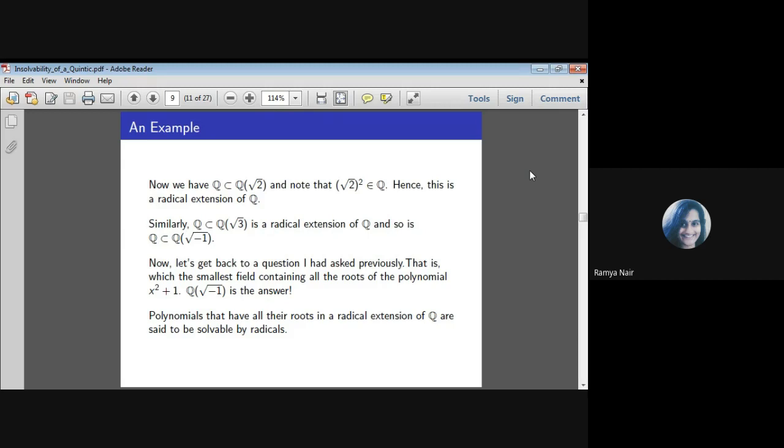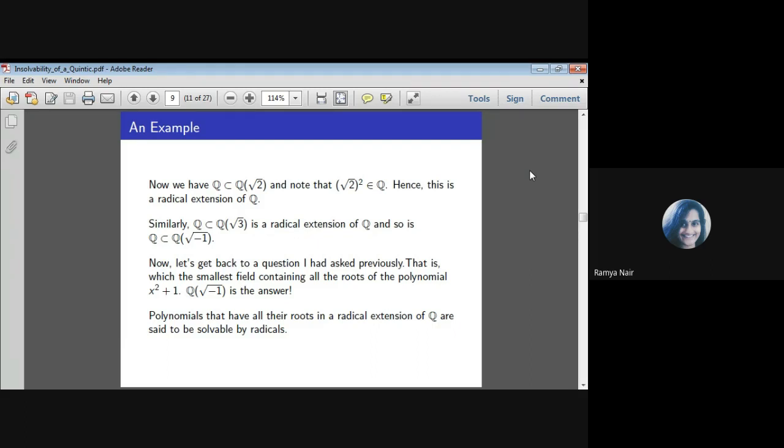So we are essentially looking at extensions where the bigger field is created by adjoining elements whose nth power belongs to the previous field. In this case, we add square root of 2 to Q, and this is a radical extension because the square of that number is a rational number.